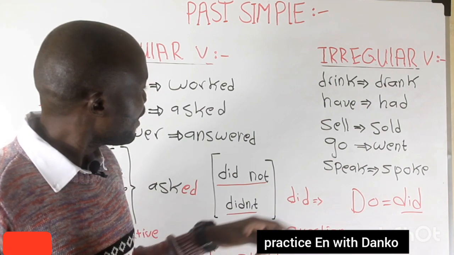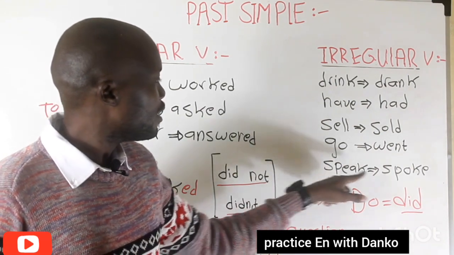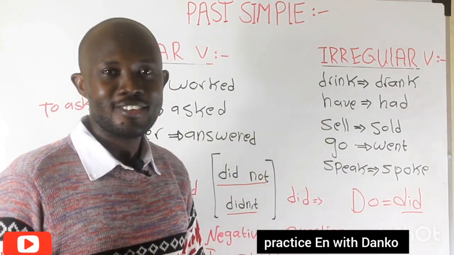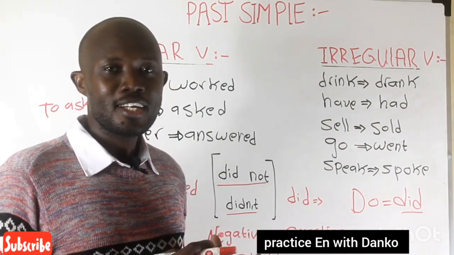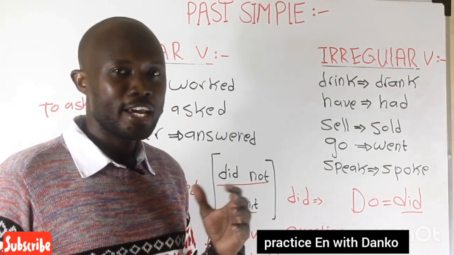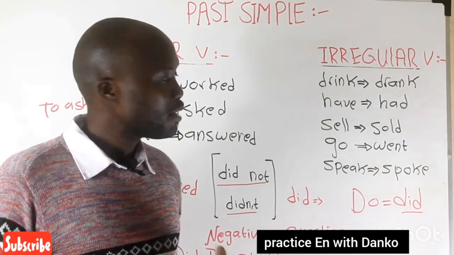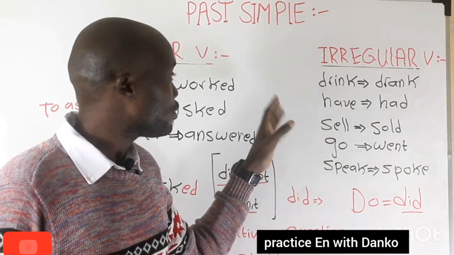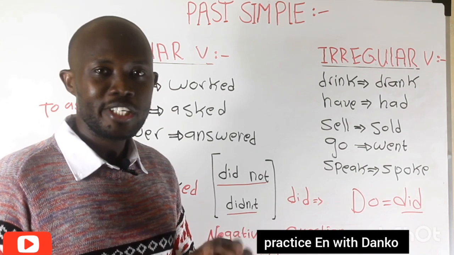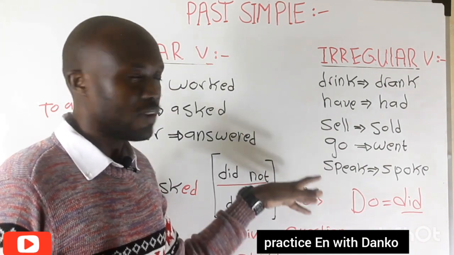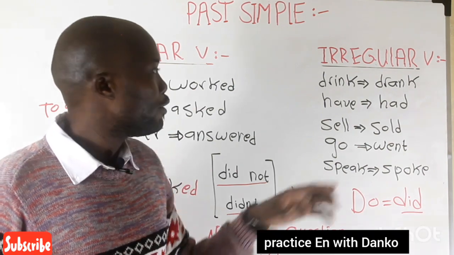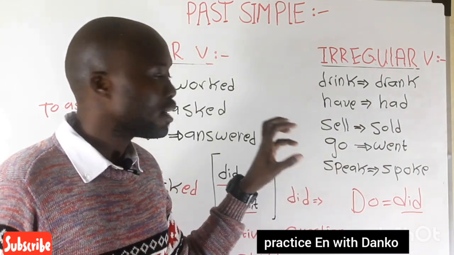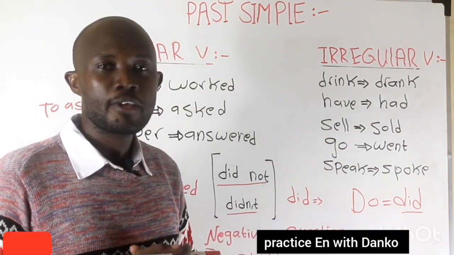Okay, speak, spoke. As you see, but some verbs like read in the past stay read. There is no change. But in most cases, we need to change the irregular verb to the past by using this kind of word, or there is a little change.